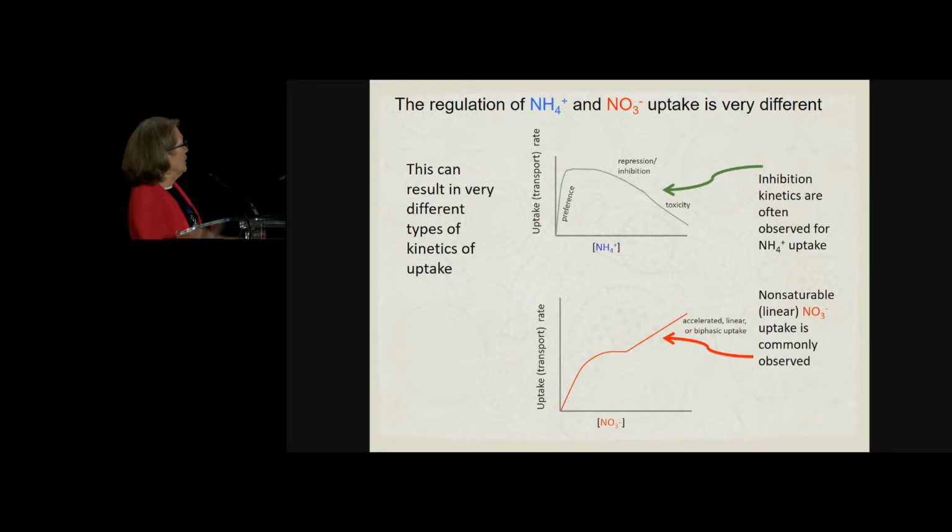So this kinetic relationship is not unlike that which has been well described for photosynthesis, with a photoinhibitory term here. For nitrate, we rarely see that inhibitory term. We often see a kinetic relationship that may accelerate or show a biphasic type of pattern.